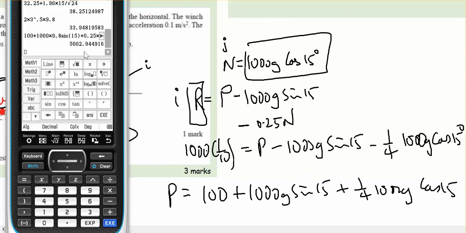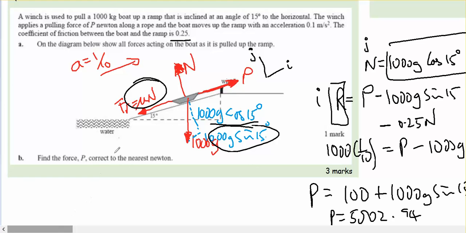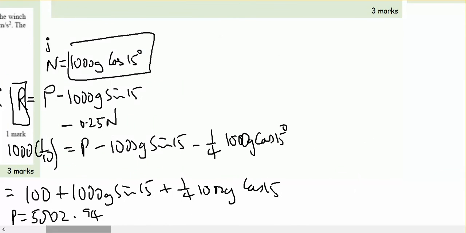Putting all that on a calculator, I get 5,002.94. I've been asked for the nearest Newton, therefore P equals 5,003. So that's part A and part B.